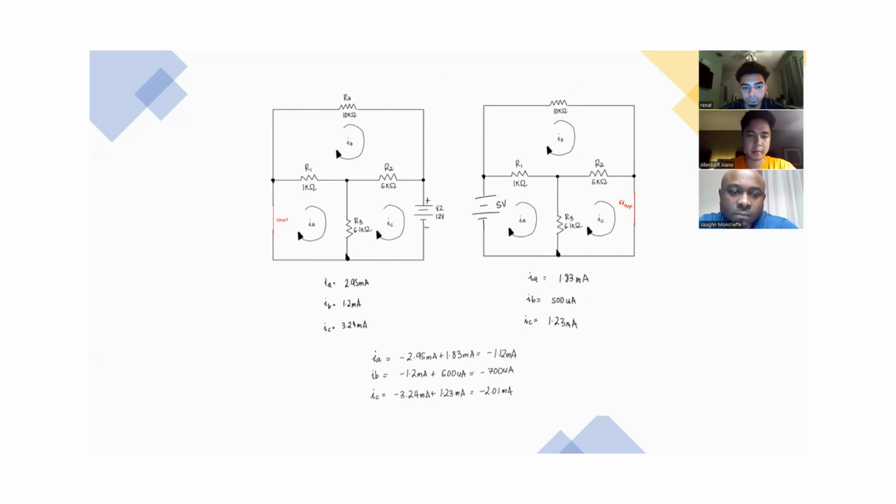The algebraic sum of the currents that we got from the isolated voltage in the first and the second circuit will equate to, here at the bottom, IA, IB, IC: negative 1.12 milliamps, 700 microamps, and negative 2.01 milliamps, which are the same exact values that we got from the first method that we did.